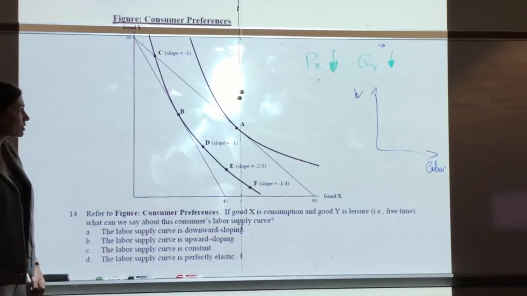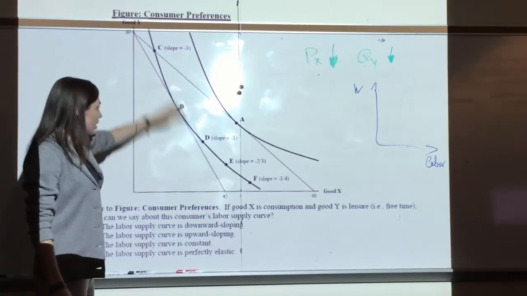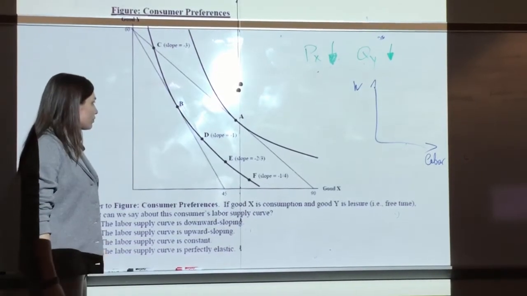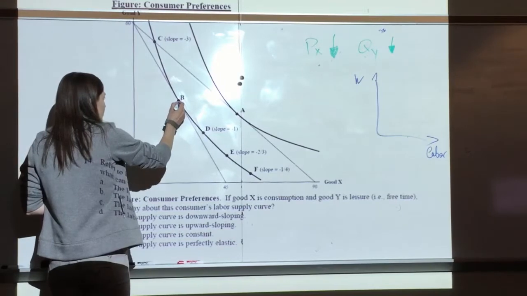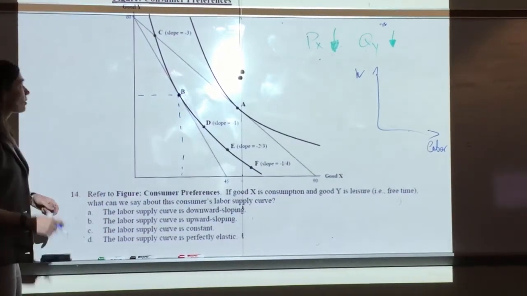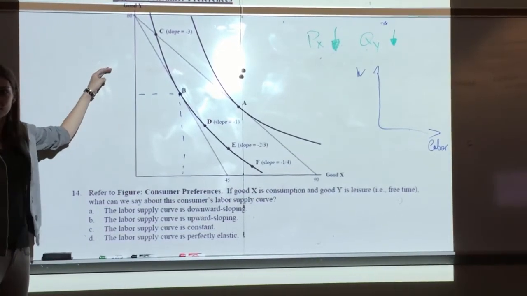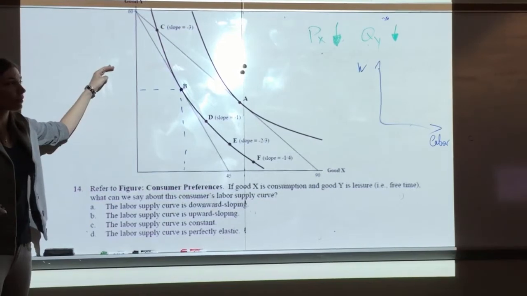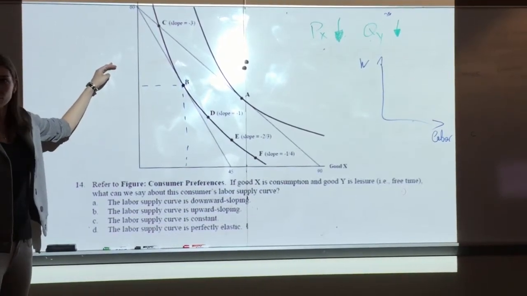So what do we know happens? Let's assume we are in this budget case, and we're at the optimal point B. What's going to happen if wages go up? Here you can basically think of leisure as 1 minus the percentage of time that you spend working.